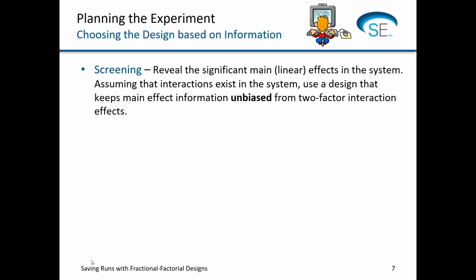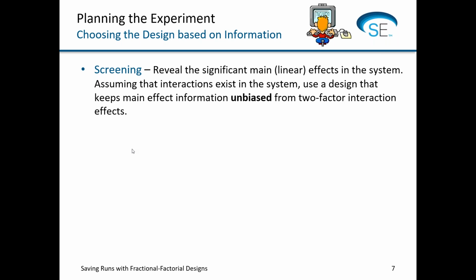And it is pretty likely that there are going to be interactions between factors. So based on that assumption, it's really important to use a design that keeps main effect information unbiased from two-factor interaction effects. We'll talk about this as we talk about aliasing and the choice of design. But this is a really key assumption.